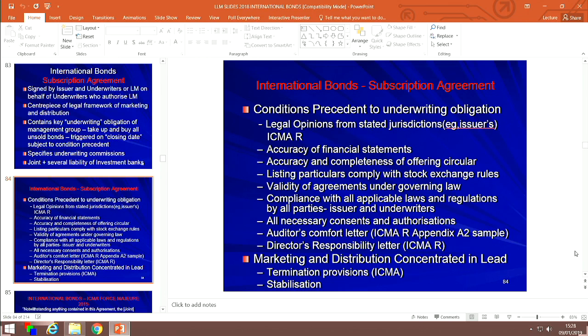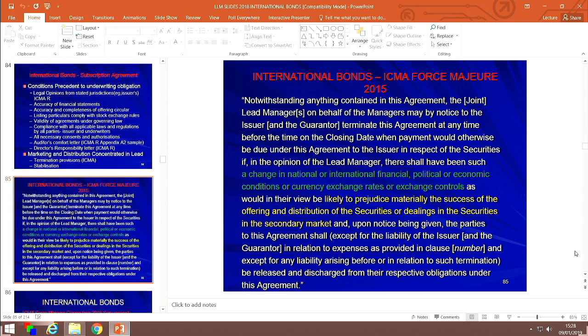The next point that needs to be remembered is, I'm going to jump a section, that in addition to the conditions precedent protection for the lead manager and the underwriters in relation to the underwriting obligation, there is a power given to the lead manager to terminate the bond issue at any time before closing date, if any of these things mentioned in this clause happen.